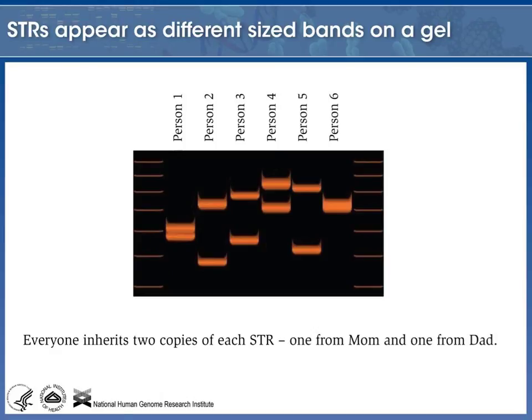And after we've made a bunch of copies, we can take that DNA that we've made millions of copies of, and we can actually separate them out. And we can separate them out on something called gel electrophoresis. Now, gel electrophoresis separates these repeats based on the length by passing an electrical current through this gel.